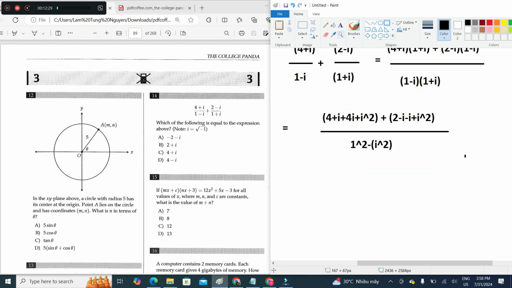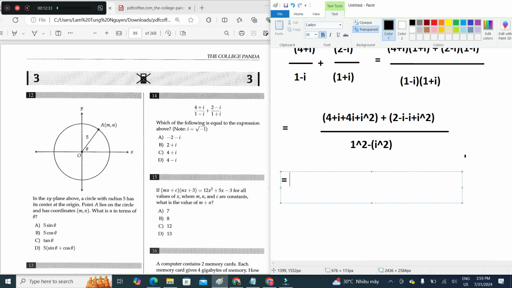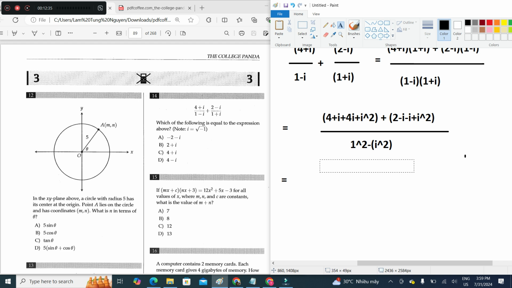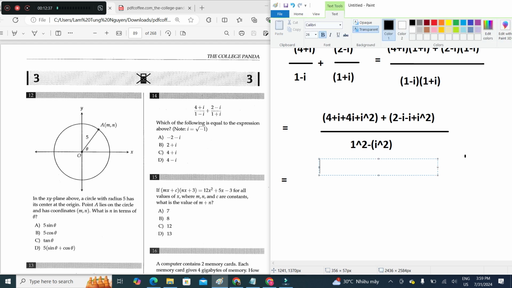So I squared is negative 1, so 4 minus 1, and I plus 4I is just plus 5I. So 4 minus 1 is just 3.